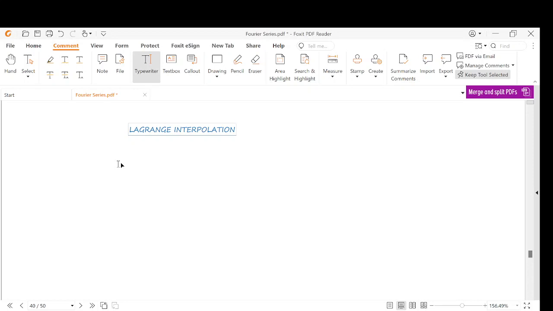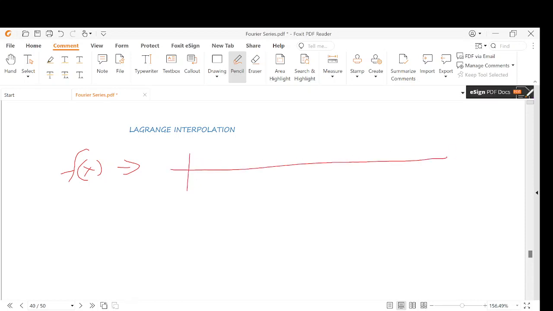We consider a function f of x, and suppose that this function is prescribed at n points. So this function is given by a certain set of data.